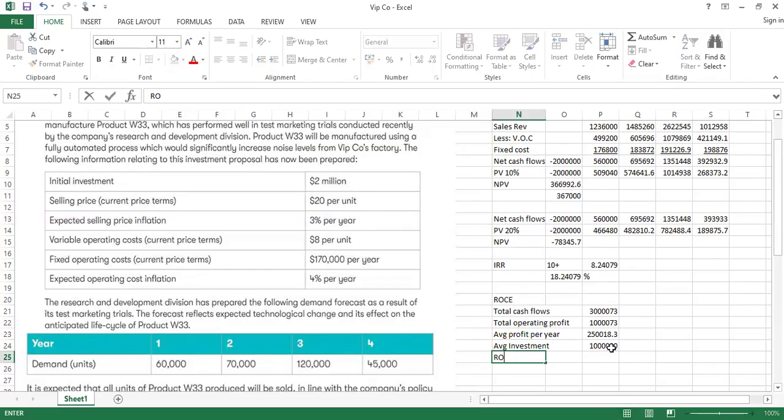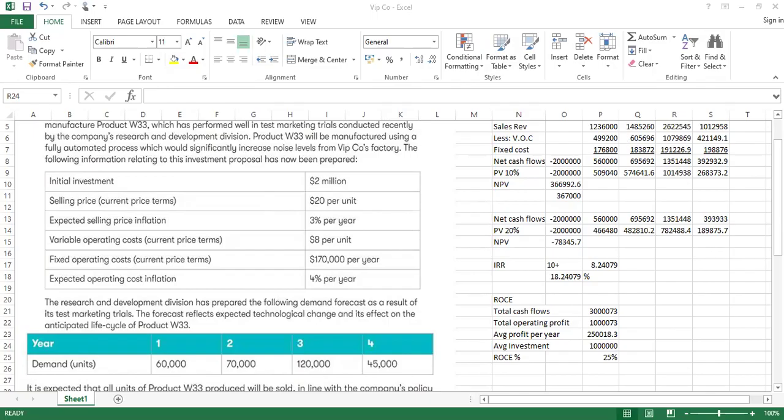So ROC percentage is 25%. You can convert into percentage terms either by using percentage sign. So 25%. This is return on capital employed. Any question?